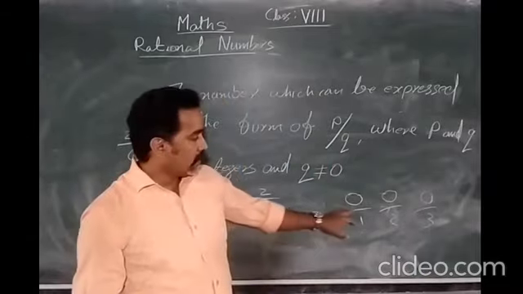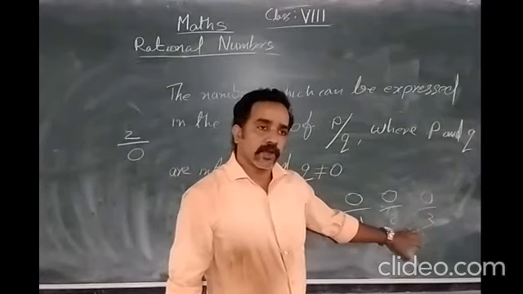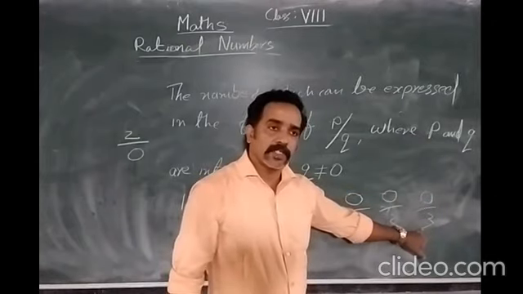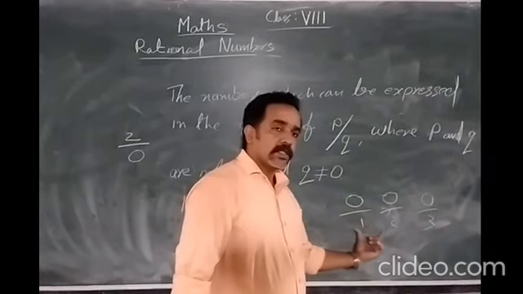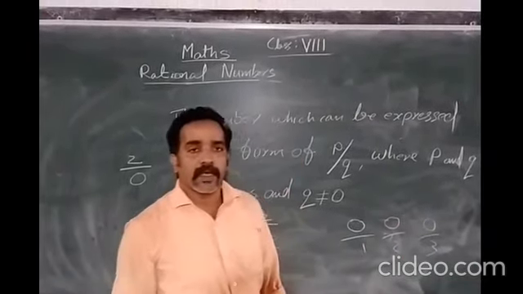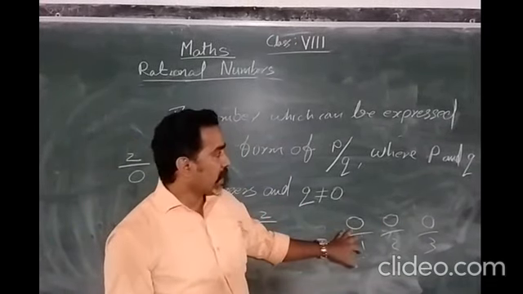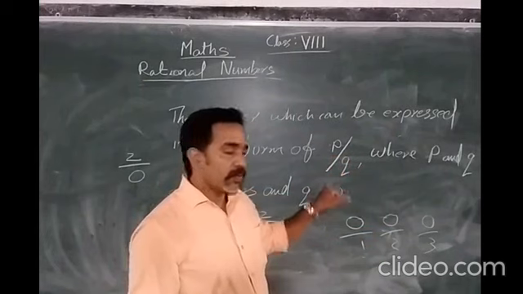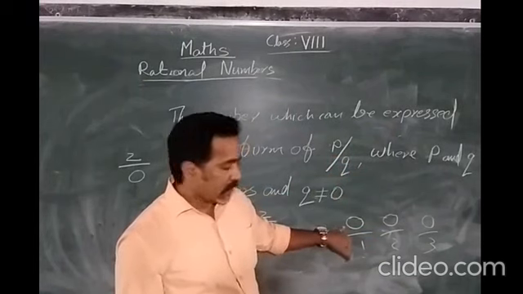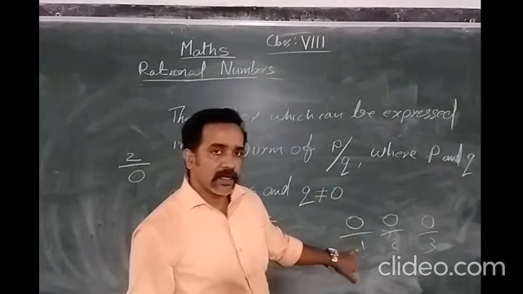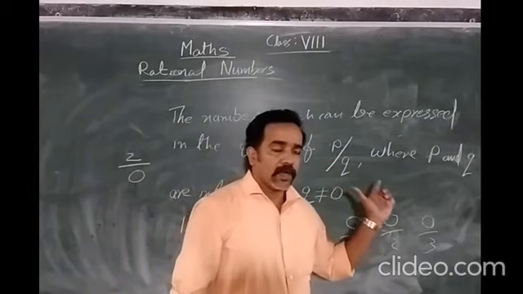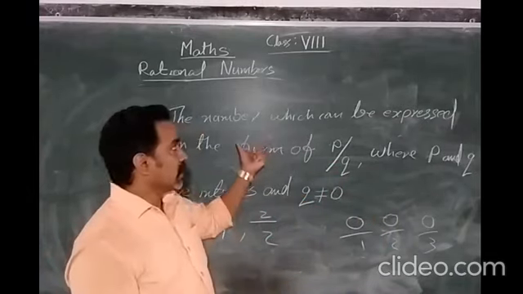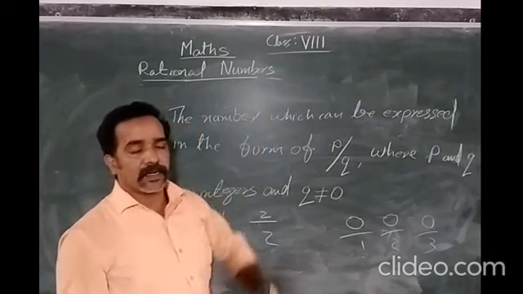The value is 0 in each case. So 0 is also a rational number, because 0 can be expressed as a fraction in the form of p by q, where p is an integer and q is an integer. Understood? So every natural number and every whole number also comes under the category of rational numbers.